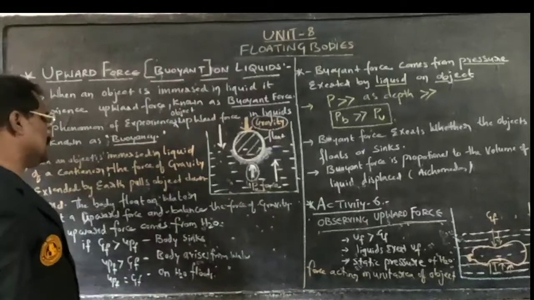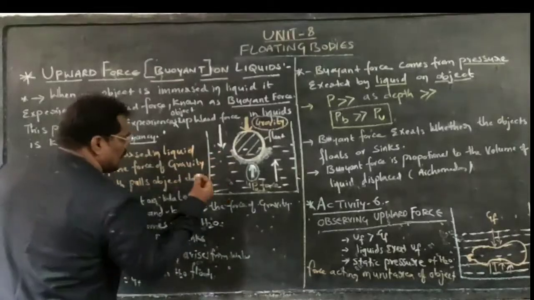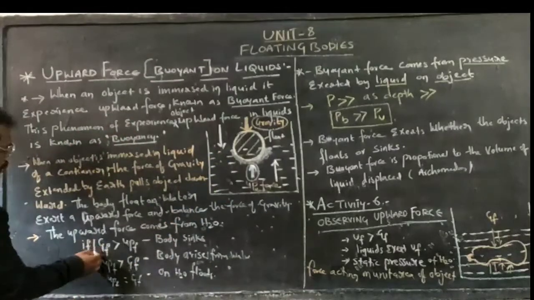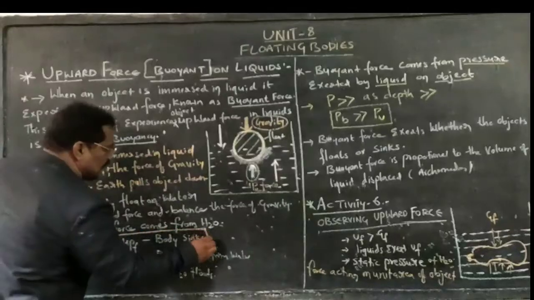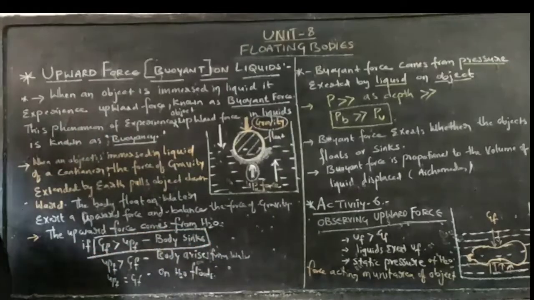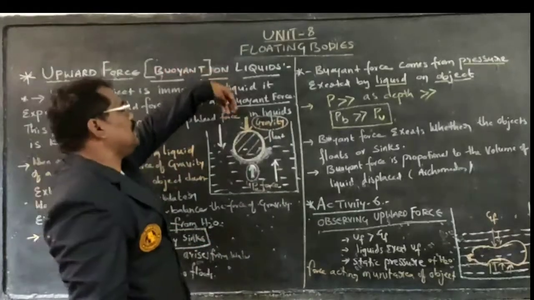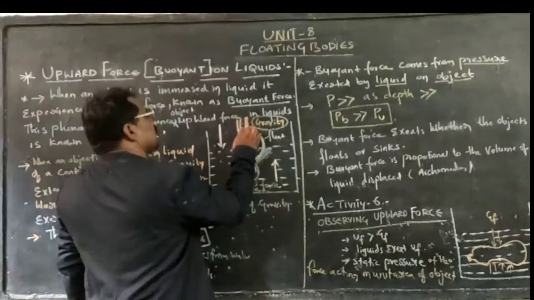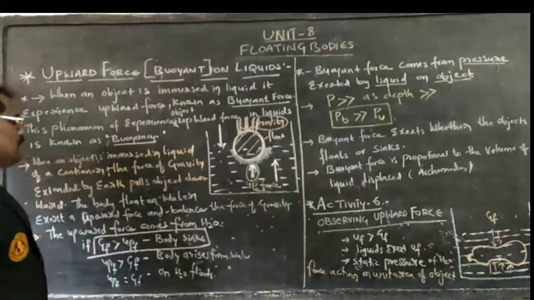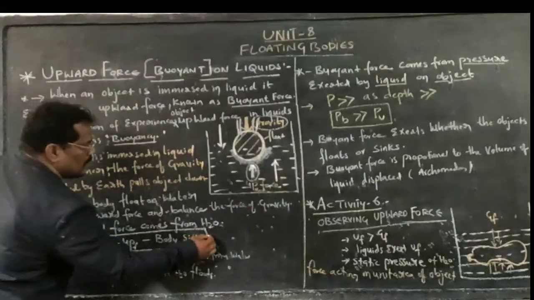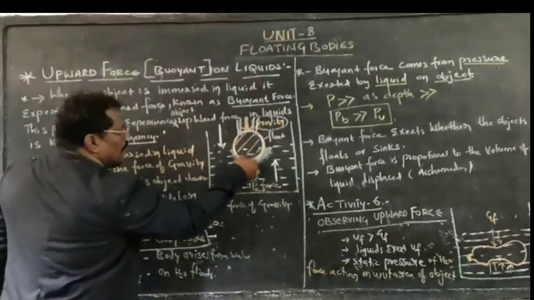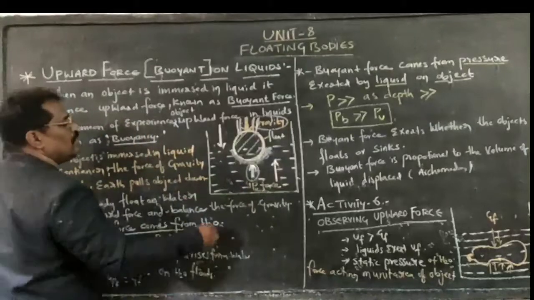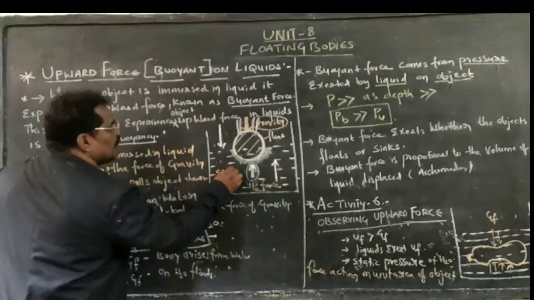How does this upward force exist? It is based upon one condition. If the gravitational pull from the earth is much greater than the upward force, what happens? The body is completely immersed in the liquid, or it will sink into the liquid.